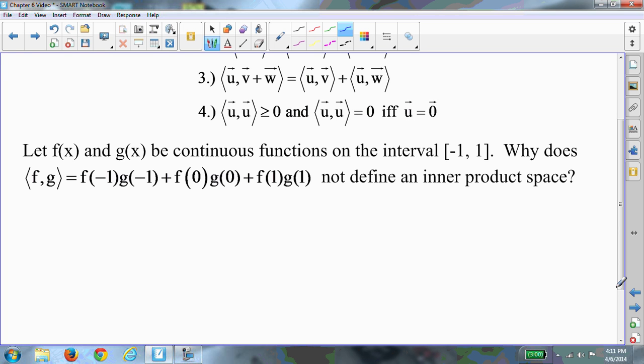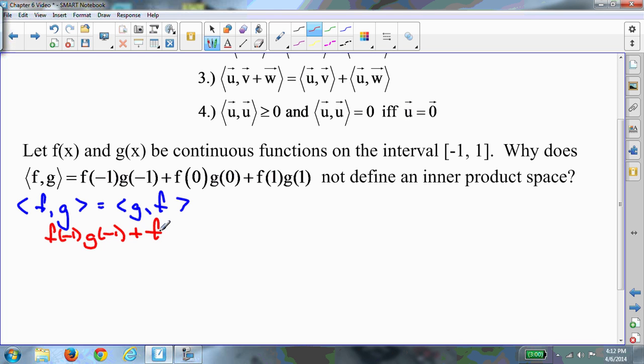So let's go through each one of these. First of all, if you have <f, g>, I want to show that it equals <g, f>. That kind of makes sense because <f, g> would basically be f(-1)g(-1) + f(0)g(0) + f(1)g(1).